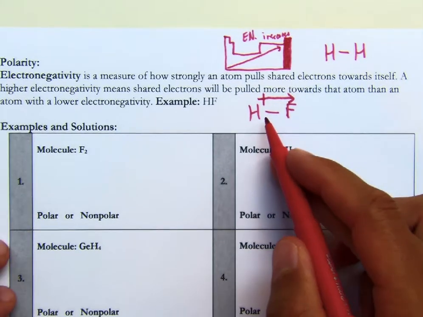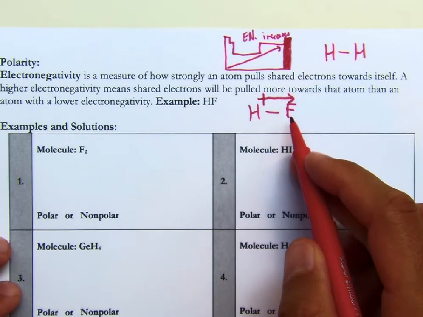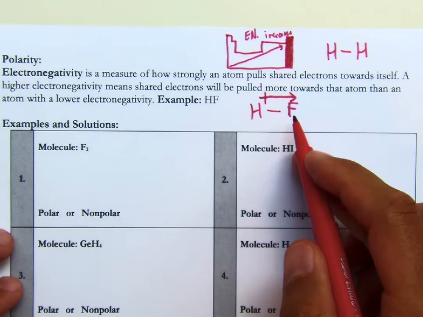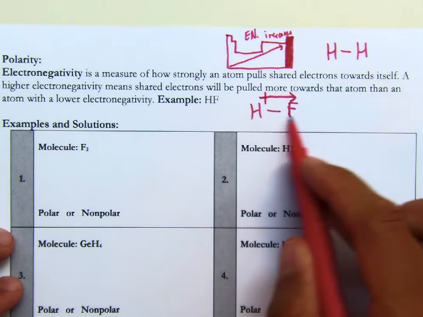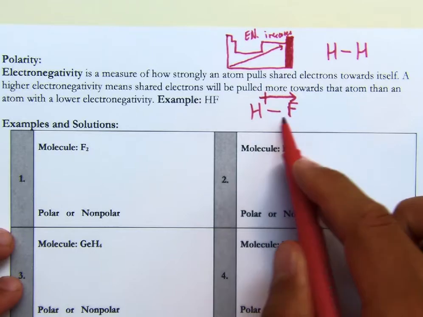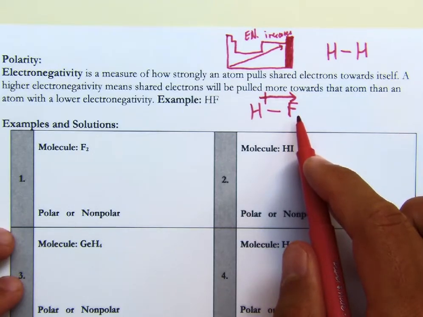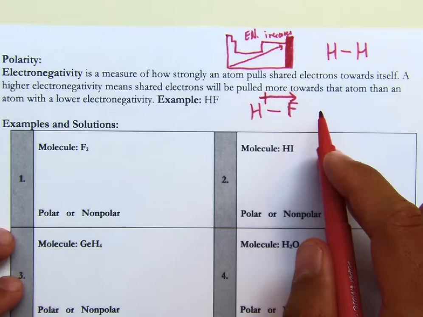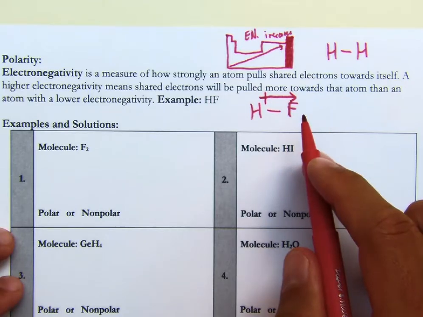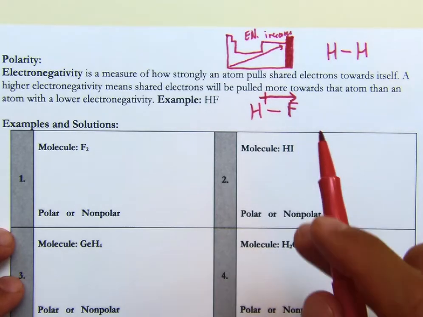Now, you can have polarity on a bond, and then you can have polarity on a whole molecule, right? And in this case, if this is the molecule and there's only one bond, this would be what's called a polar molecule, because the electrons are pulled to one side. To have polarity on a molecule, you need to have one side or region which is more negatively charged than another side or region, okay?